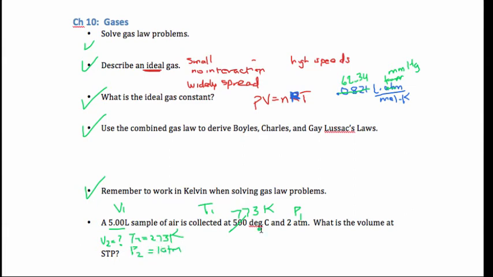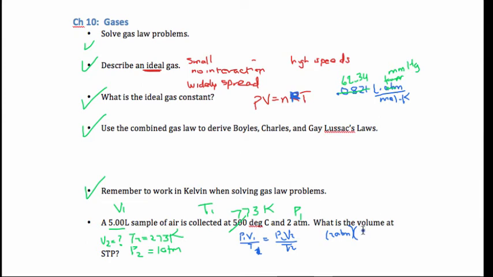So we can see that this requires the combined gas law, P1 V1 over T1 equals P2 V2 over T2. Plug in all these numbers. Whoops, that's a 1. So P1 is 2 atmospheres.